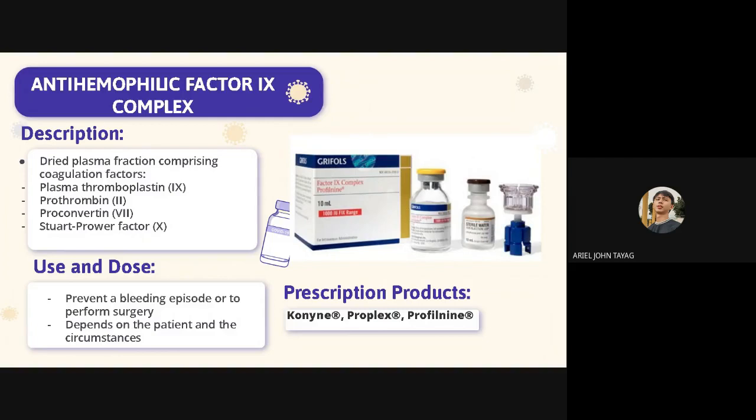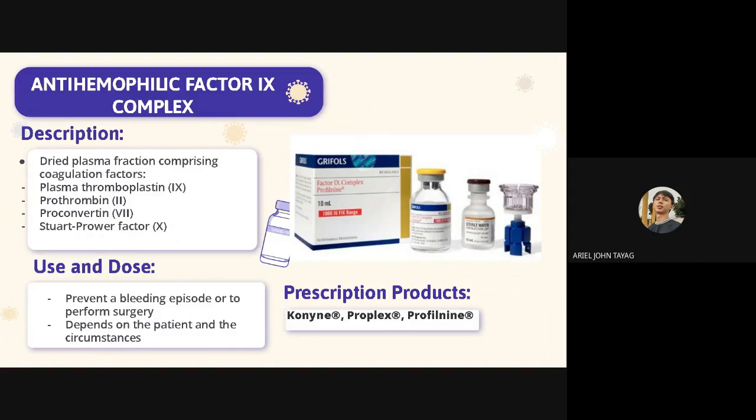We also have anti-hemophilic factor 9 complex. So it is a dried plasma fraction comprising coagulation factors such as plasma thromboplastin, prothrombin, proconvertin, and Stuart-Prower factor.